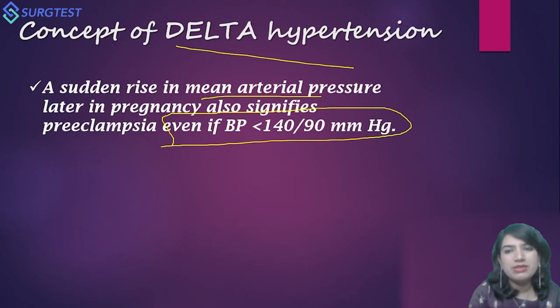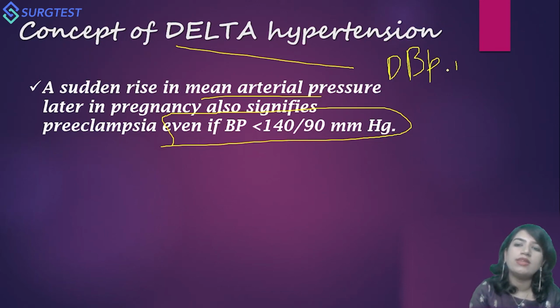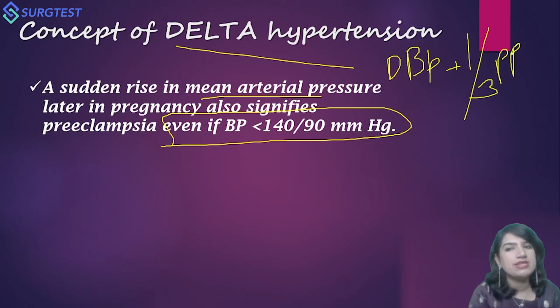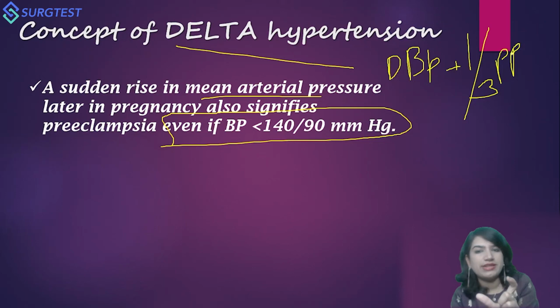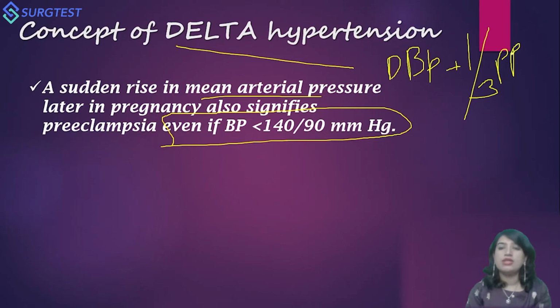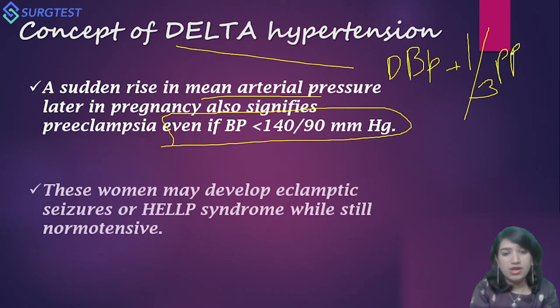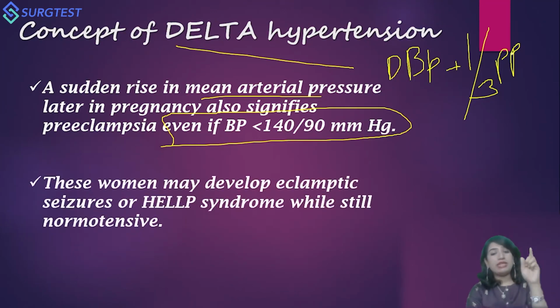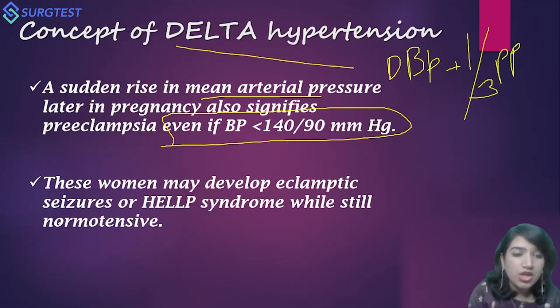And how do we calculate the mean arterial pressure? Basically it is diastolic BP plus 1/3 the pulse pressure. And what is pulse pressure? It is systolic minus diastolic. So that is how we quantify mean arterial pressure. And if there is a sudden rise in the mean arterial pressure, even if the absolute value is less than 140/90, still the woman carries a risk of preeclampsia, and these women may even develop eclamptic seizures or HELLP syndrome while still being normotensive.